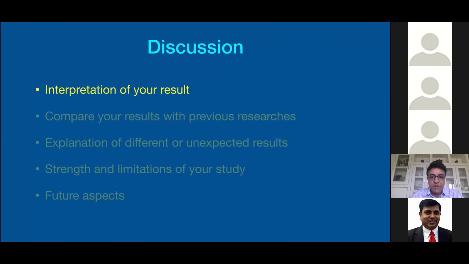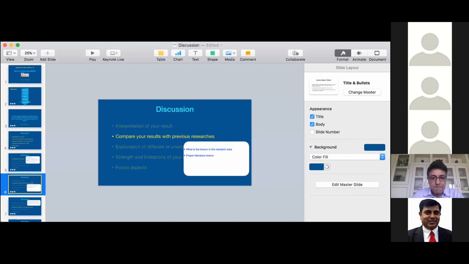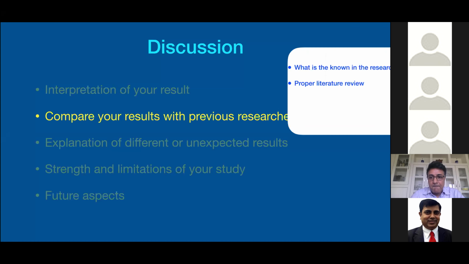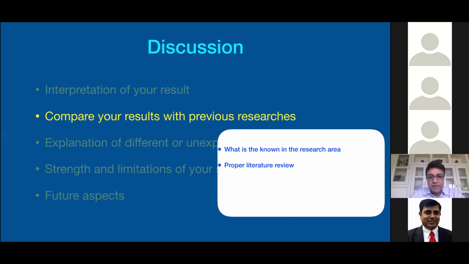Then comes the second paragraph. In the second paragraph, what you do is compare your result with previous researches. Always compare your result with previous researches. What is known in this research area?